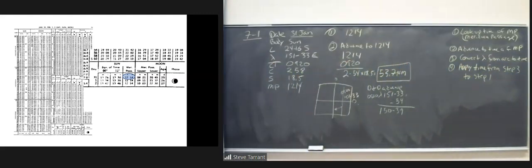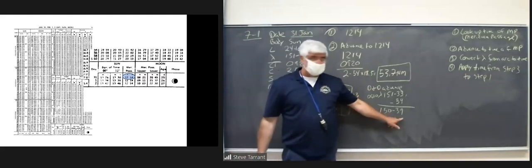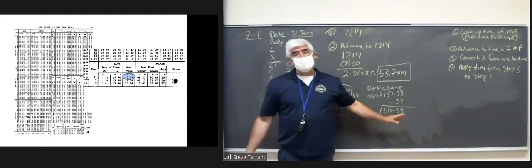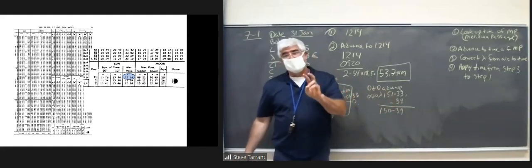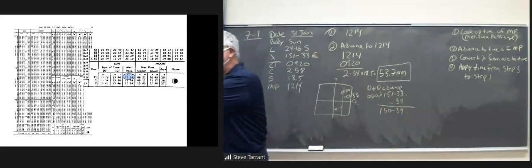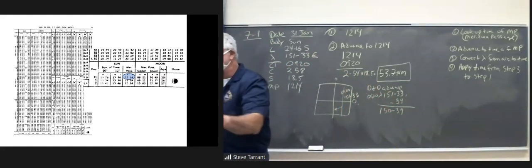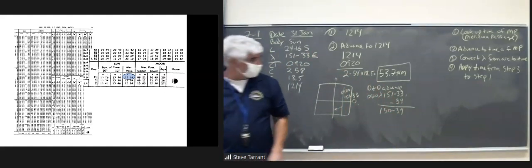Now, if I had in fact done this by sailings, just if you're interested, it would have been 150.35.4. That's 4 minutes of arc. And we looked in the book last time, that was 20 seconds of time. So it doesn't matter. Okay?